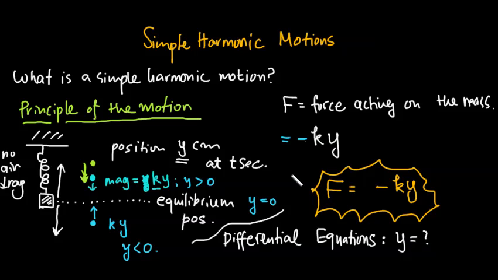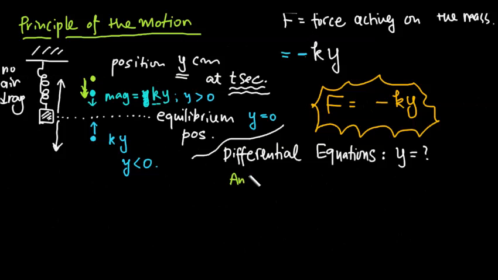In other words, can we describe this position y as a function of time in terms of some function we know? Here's the answer. Not only do you learn the answer, you learn the mathematical way of understanding why it has to be this way. So y, it turns out, is a combination.